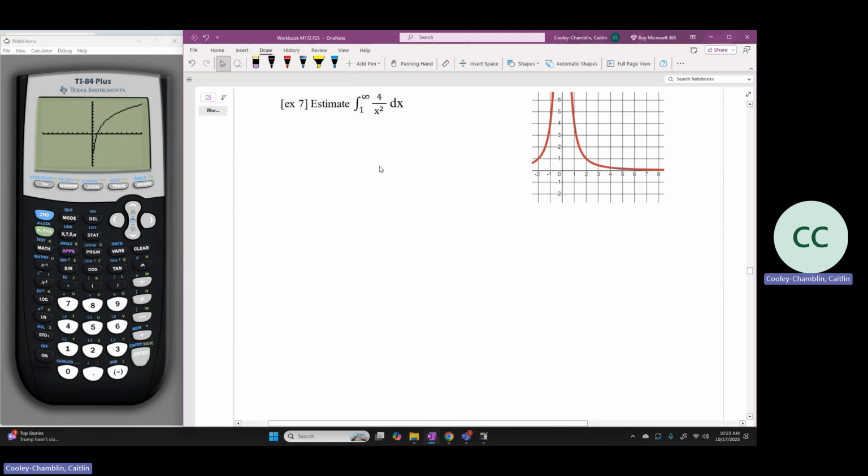Number 7 says estimate the integral from 1 to infinity of 4 over x squared dx. So go ahead and pause the video and try this.